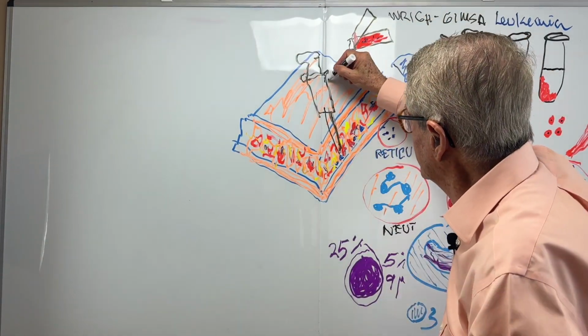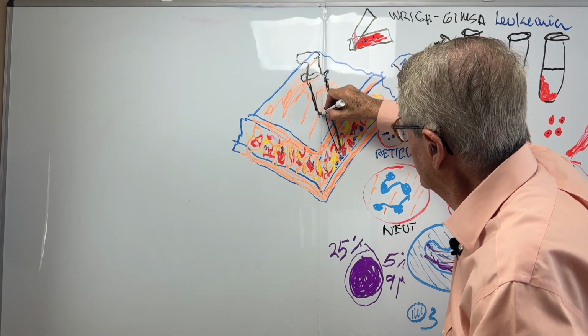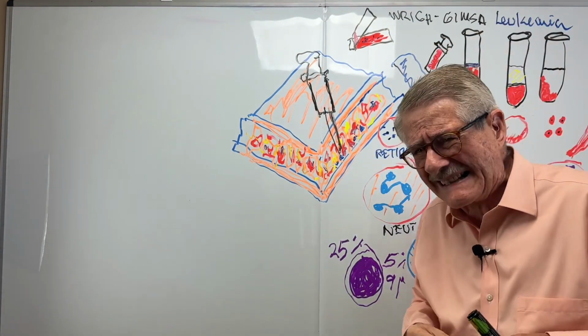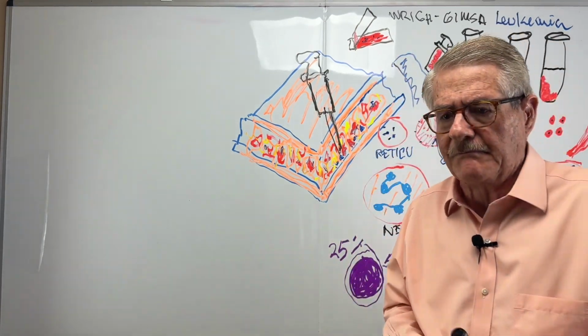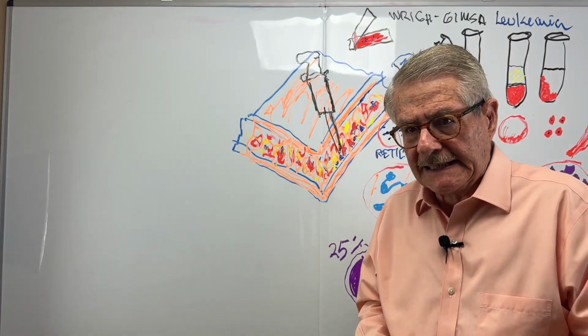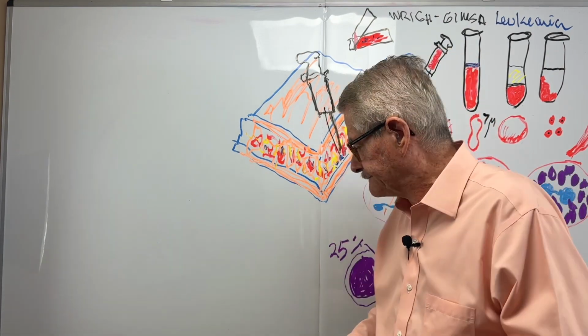This is kind of not marking too well. Now, it's kind of painful. I haven't had it myself, but I've performed it myself. It's painful. It may be done under anesthesia.